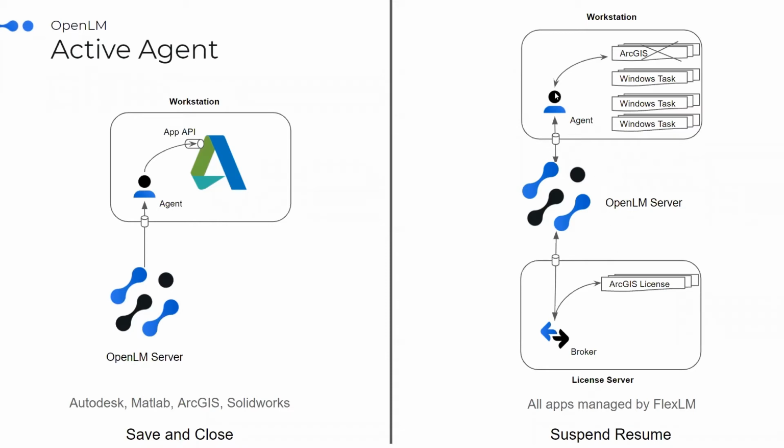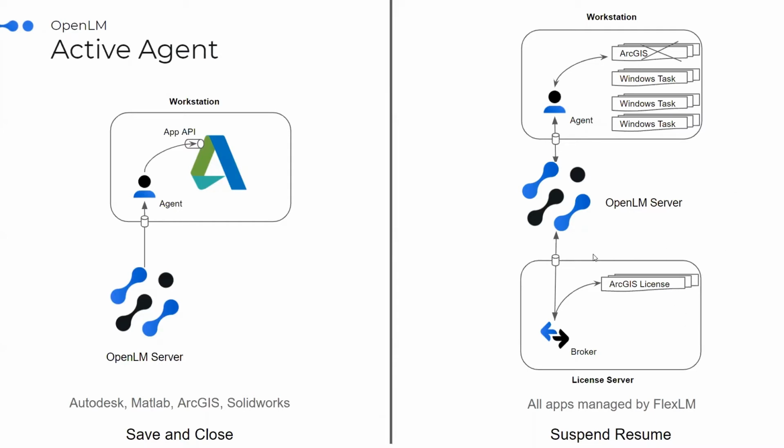So basically, the agent stops the process, tells the server to tell the broker to get the license back. So you just grab the license back into the pool for other people to use while this process is frozen. Once the user wants to unfreeze the process and continue working, he just clicks a button.